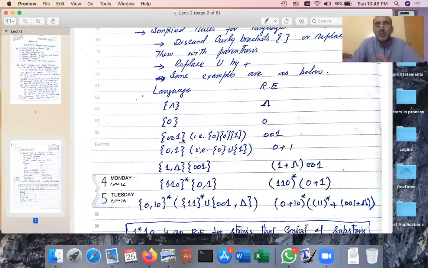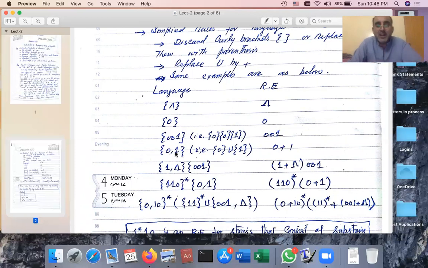You can represent this language in this form if you want to build a regular expression of this language as 001. You can also write parentheses around this, 001.